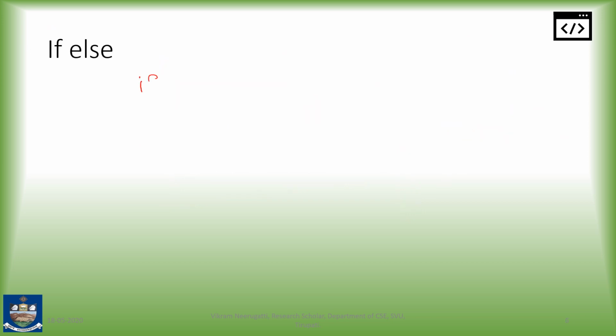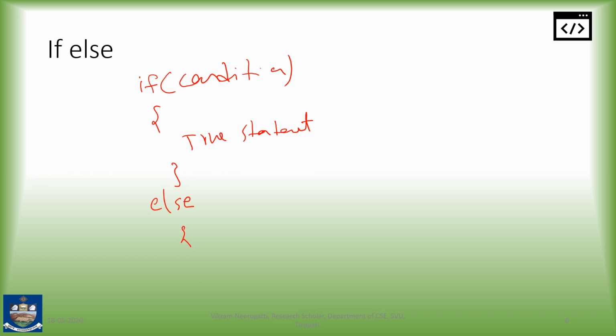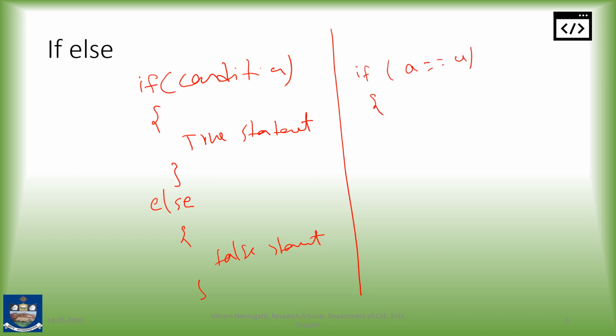Here the syntax may be like: if, condition, true statement, else, false statement. This is the syntax in C for if and else. So the example will be like: if a equal to 4, what do we do?